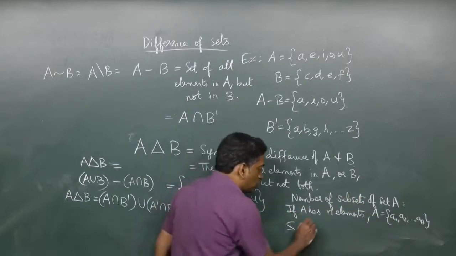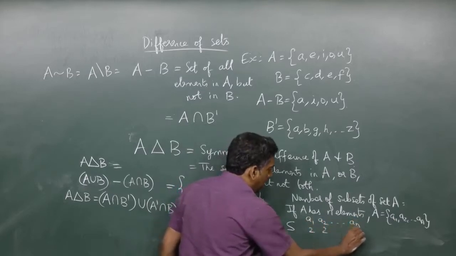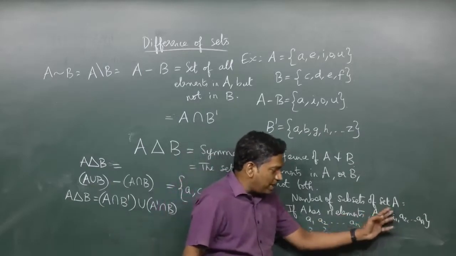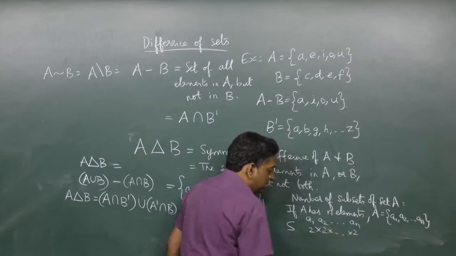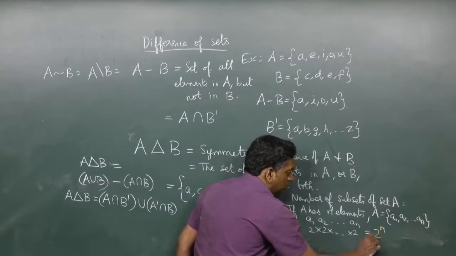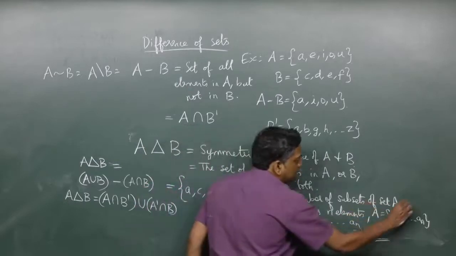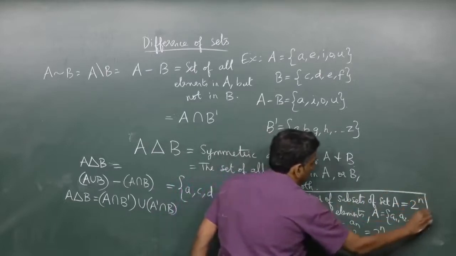So A1 has two choices. A2 similarly has two choices, and AN similarly has two choices. So if you consider all the elements A1, A2 till AN, the total number of choices is 2 into 2 into 2 all the way, and this is nothing but 2 power n. So the number of subsets of set A is 2 power n.